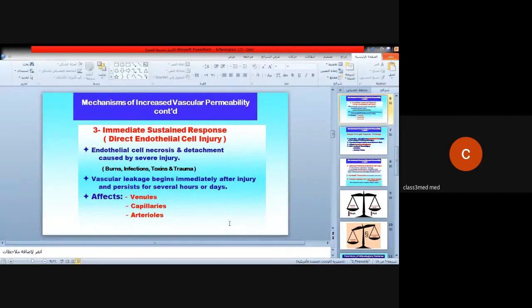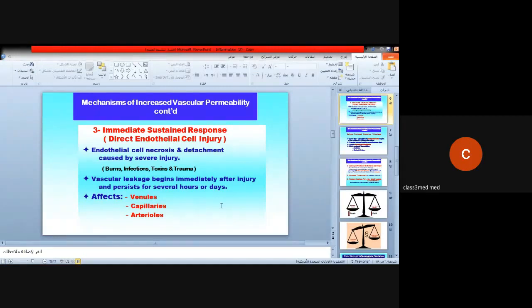The third mechanism is immediate sustained response or immediate sustained vascular leak. It means the vascular leak begins immediately after injury and persists for a long period of time, taking days or hours. This mechanism is due to direct injury to the endothelial cell.